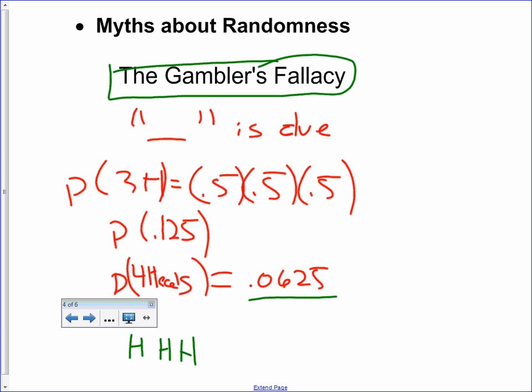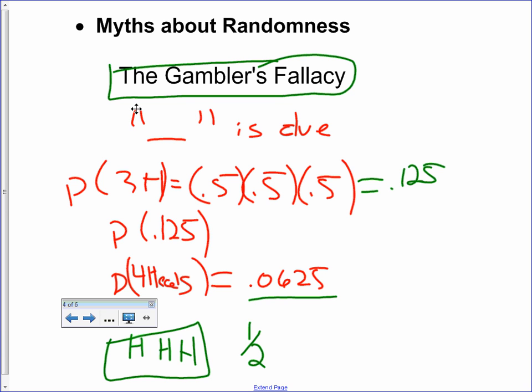But the coin doesn't know what happened, and in the short term there are going to be irregularities. The bottom line is this has already happened. The probability of that happening is 1. The probability of predicting that it would happen in advance was 0.125, but once it's happened, it has happened. So if I've already flipped heads 3 times, the probability of me getting heads on the next toss is 1/2.